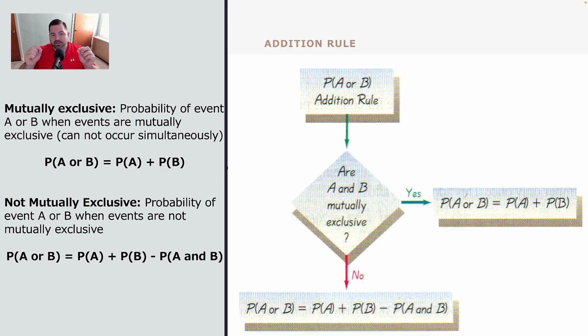And because it's using the root word or, you would add the probability of A plus the probability of B, and that new summed probability would represent the probability of A or B happening, right? Whereas in the multiplication rule, we were expecting A and B must happen together at the same time.